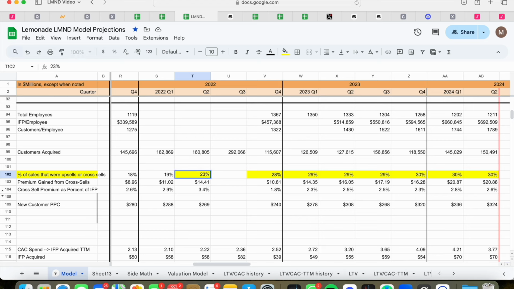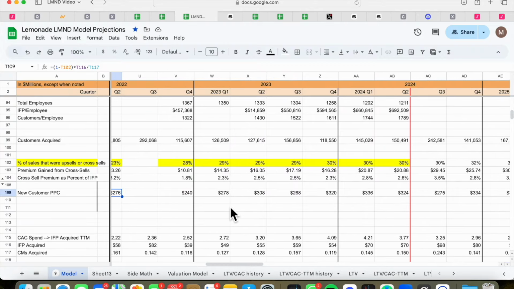It's not a huge deal because we're trying to get some historical numbers so we can more accurately project into the future. And then I've just assumed that it steadily rose up to, he said, in 2023, around Q4, they're at 30%. And then this year, I'm assuming 30% of their sales are that.